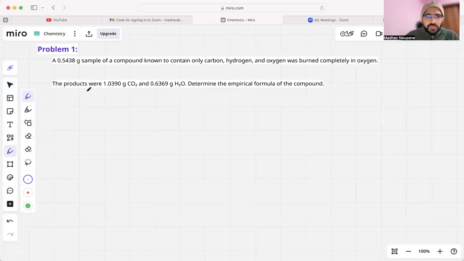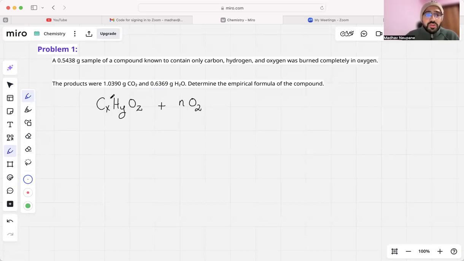So what I'm going to do is write the general combustion reaction. I'm going to say CxHyOz plus nO2, because I don't know how many moles of oxygen are used. I also don't know how many atoms of carbon, hydrogen, and oxygen are present in that organic compound.